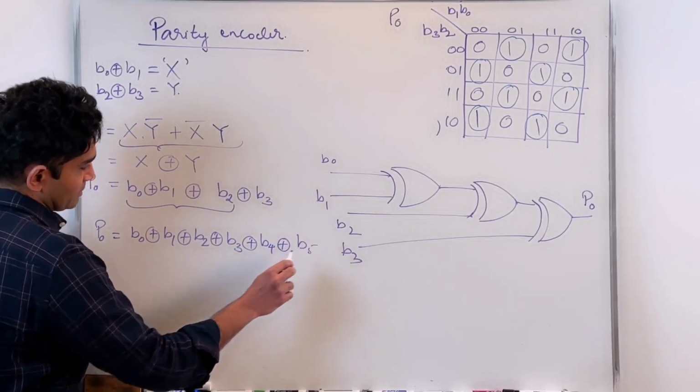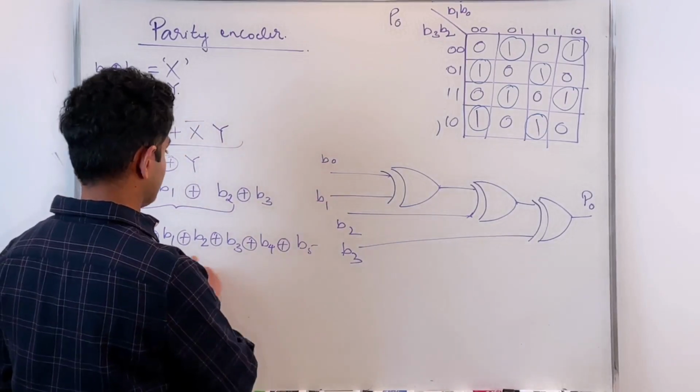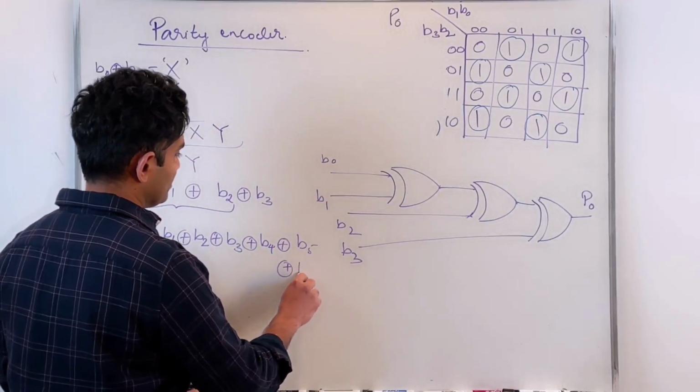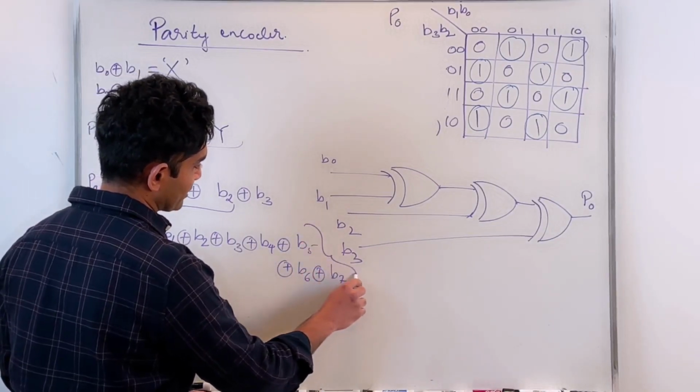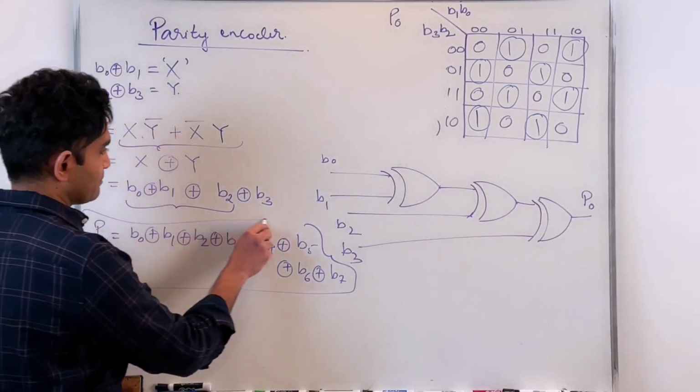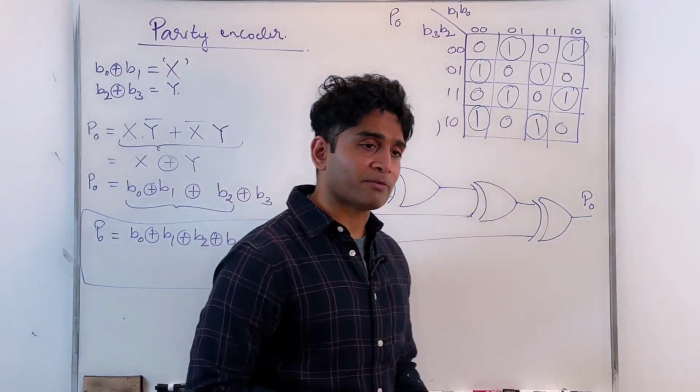So I can extend it for any number of bits, B5 exclusive OR B6 exclusive OR B7. That would be how my parity generator would look for 8 bits.